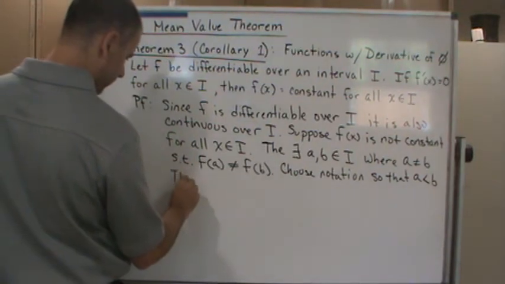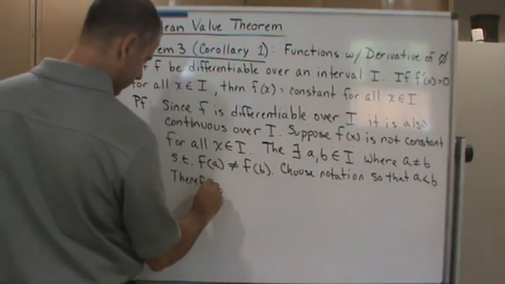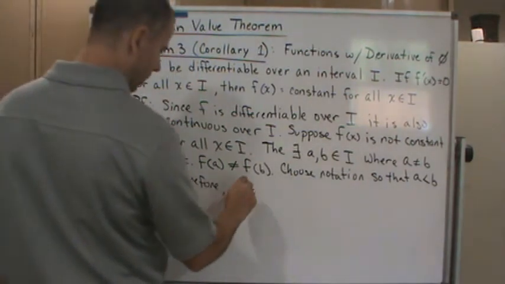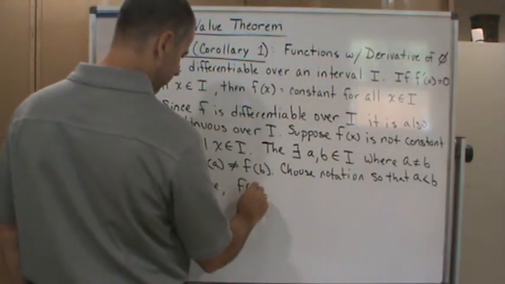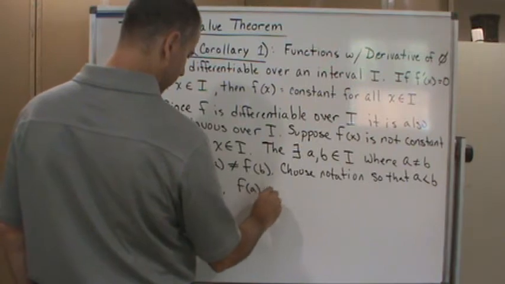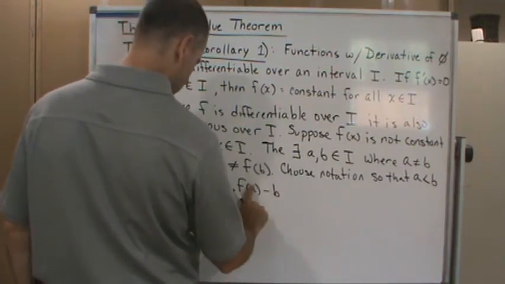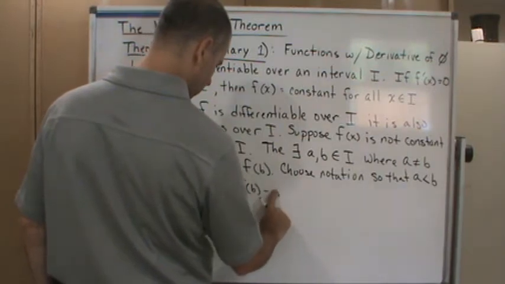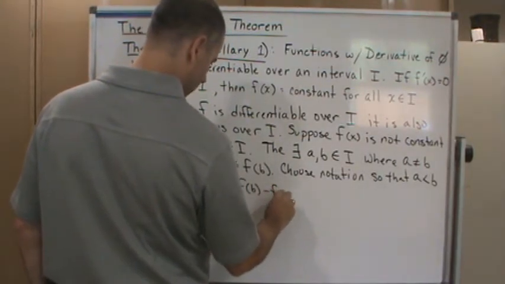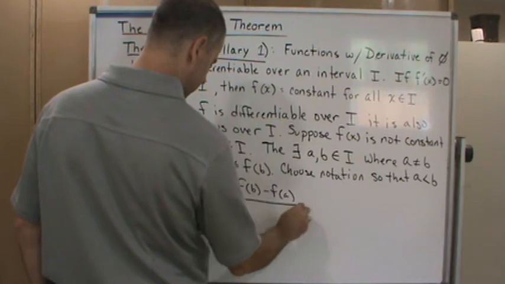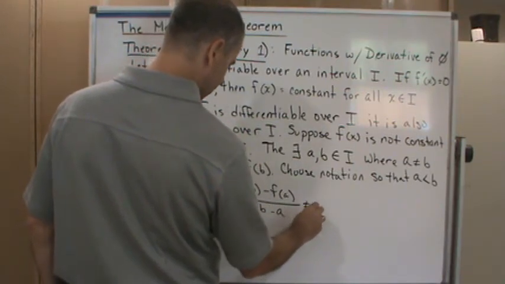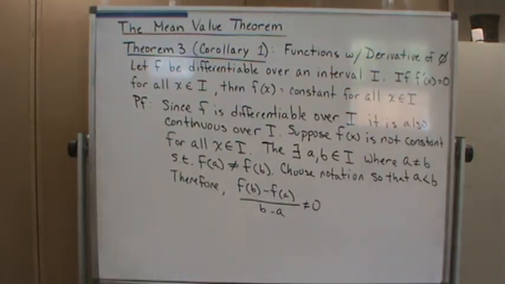Therefore, what happens? Well, f of B minus f of A, divided by B minus A, is not equal to 0, right?